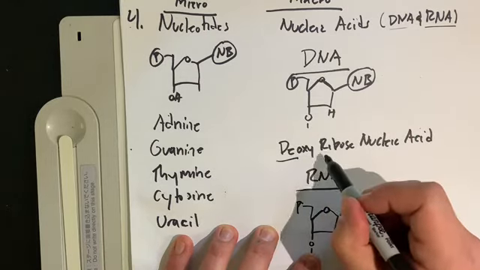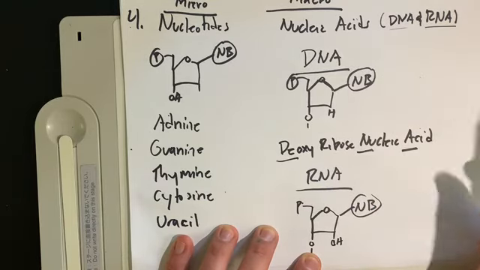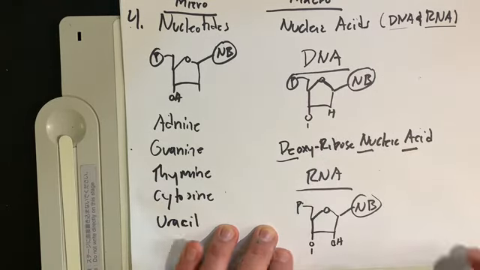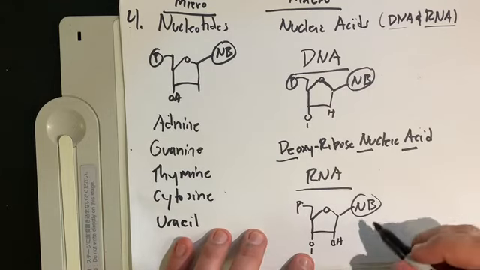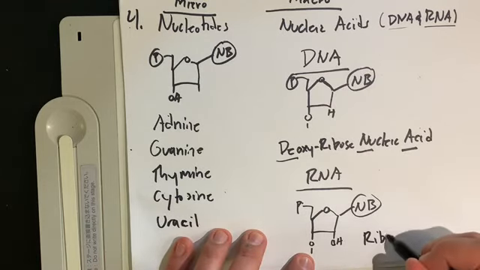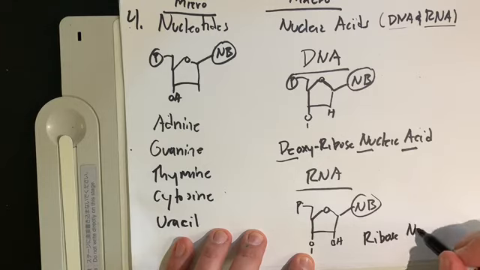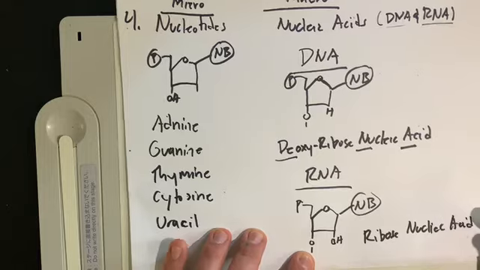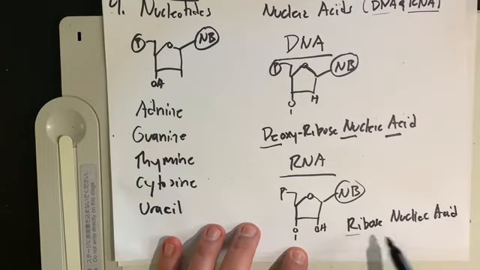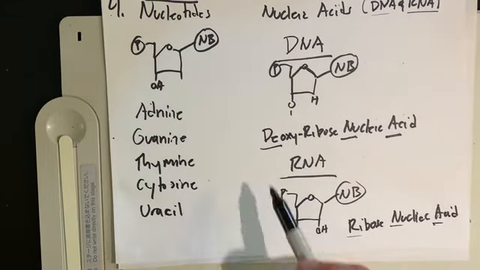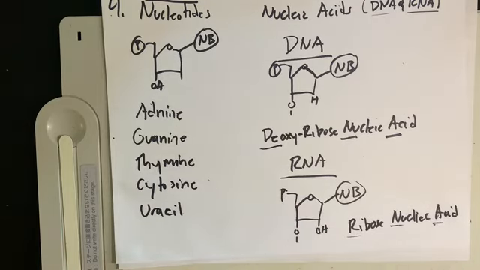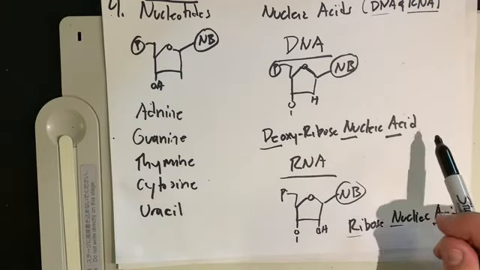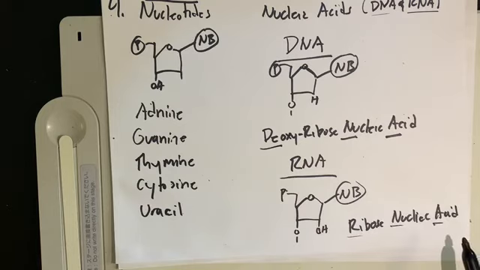So DNA. Where RNA is just ribose nucleic acid. So RNA. Deoxy really just means one less oxygen, so it's missing the oxygen that there is here. That's why it's deoxyribose nucleic acid and ribose nucleic acid.